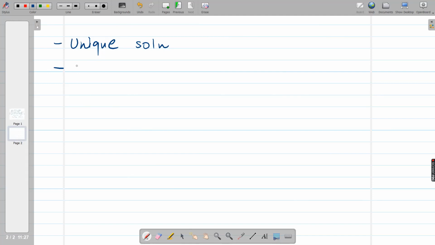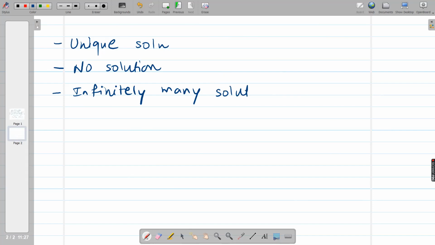It may have no solution. And it may have infinitely many solutions. Usually when your system consists of more variables than the number of equations, you get infinitely many solutions for that system. Here we are going to use Gauss elimination method.